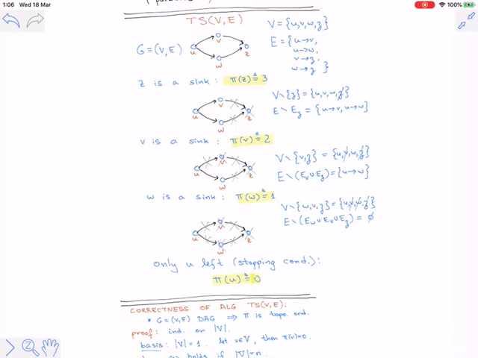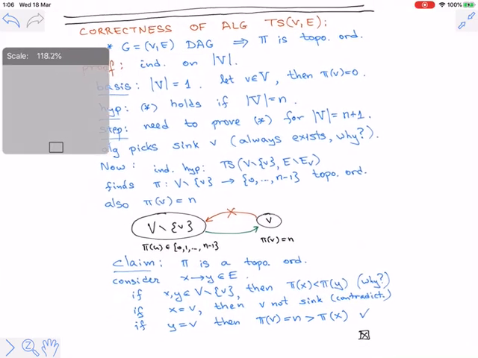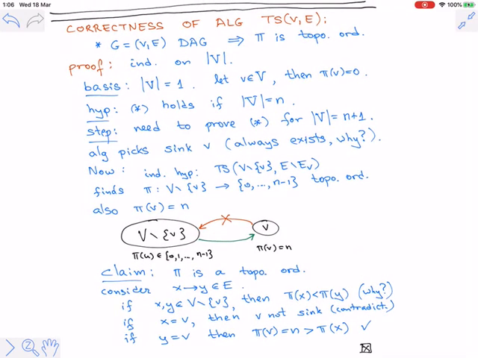Let's prove this claim. So we want to prove that if G is a DAG, then pi is a topological ordering. The output of the algorithm is a topological ordering.